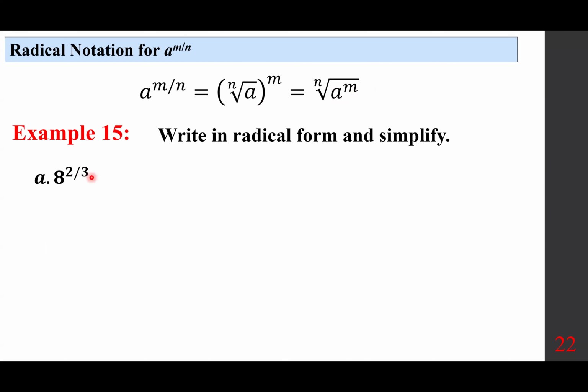The denominator becomes the index. By the way, again, this is the index. So it's the third root of 8. And the numerator is the exponent. This, we should know, is 2. 2 squared is 4.